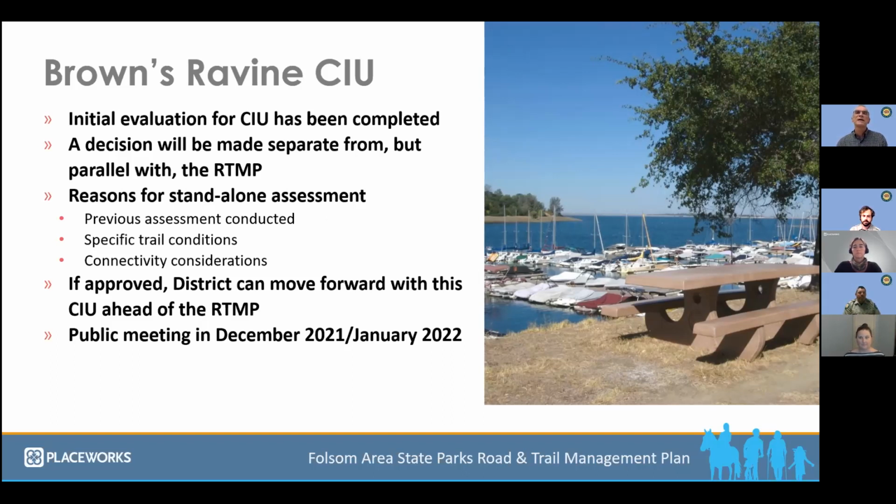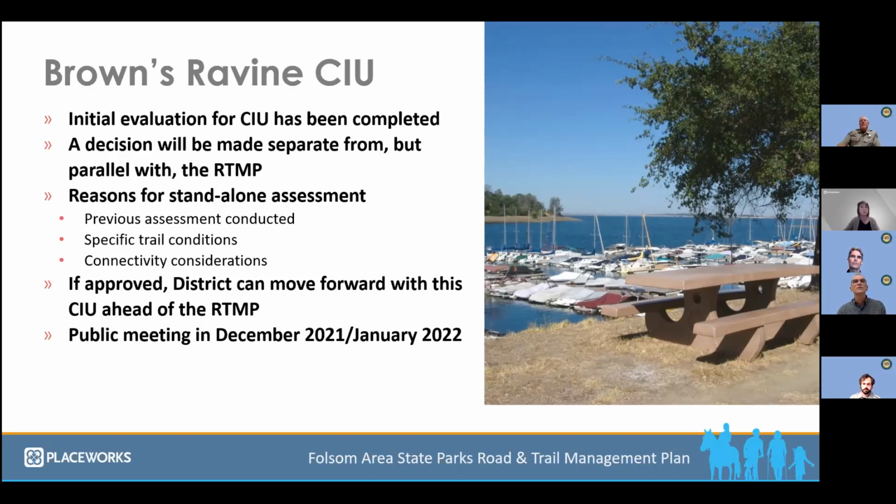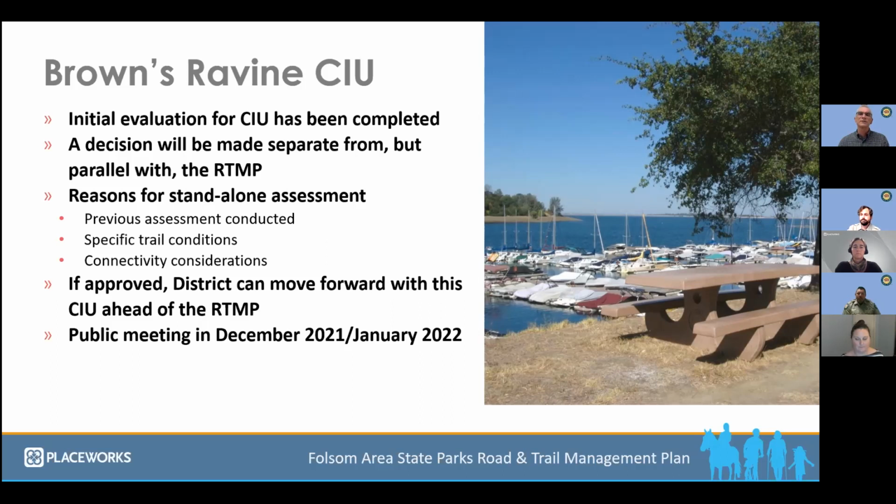If approved, the standalone change in use decision allows the district to move forward with this change in use ahead of the road and trail management plan. There will be a public meeting in December 2021 or January 2022 specific to the Browns Ravine change in use proposal. At that meeting, information will be presented about the proposed change in use recommendation, and the public will have the opportunity to provide input to help inform the final decision.